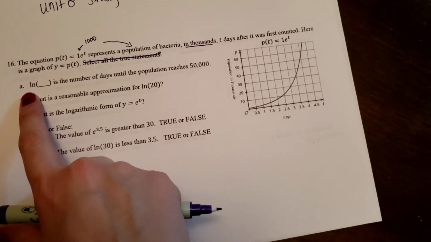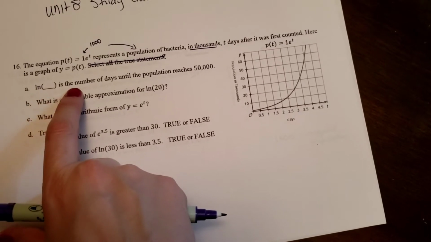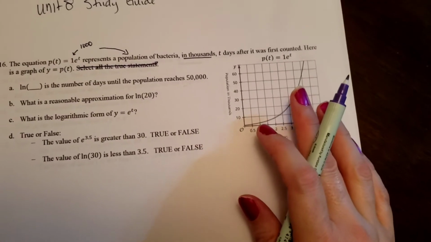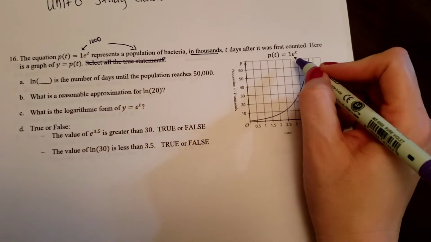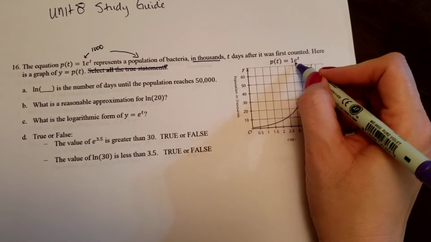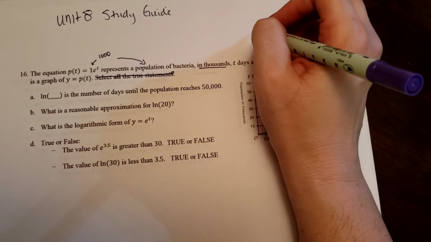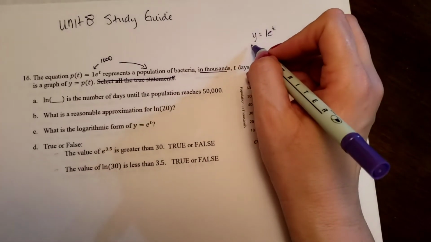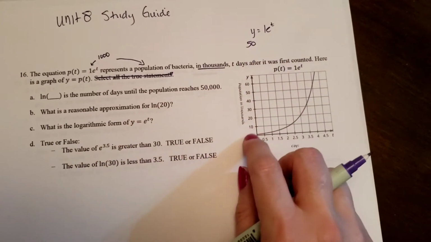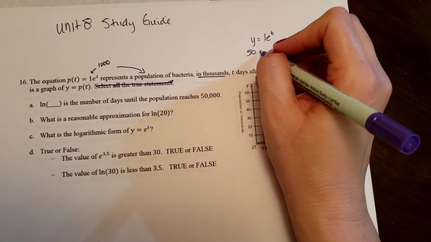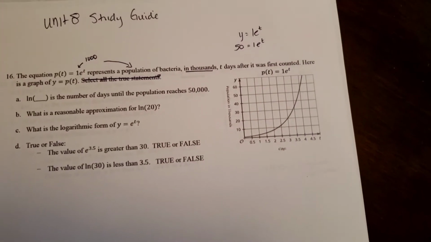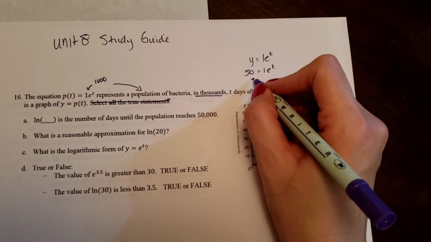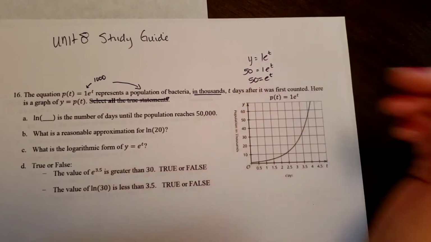The first statement says ln of blank is the number of days until the population reaches 50,000. Well, if my equation is in this format with e, y equals 1e to the t power, and I wanted to know where y equaled 50, I would set up an equation and solve it. If I divide both sides by 1, I get 50 equals e to the t power.